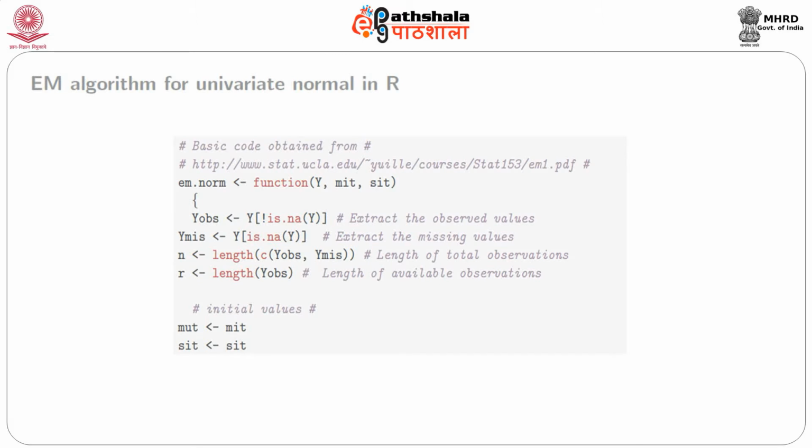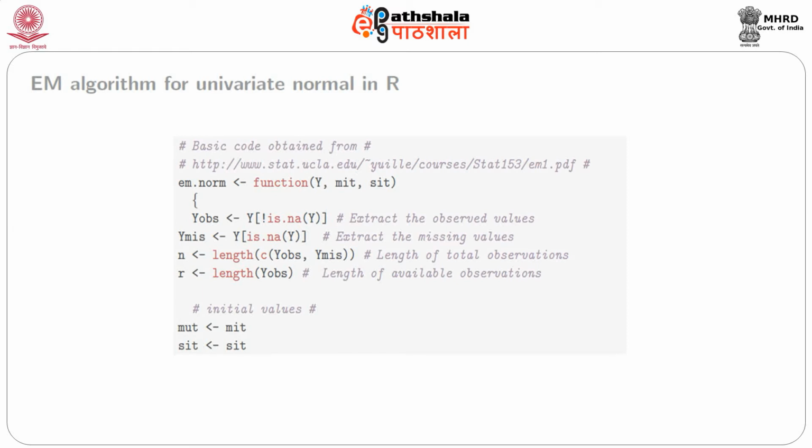This code has originally been taken from the given website, but it has been modified a little to suit our needs. So, we start by creating a function called em.norm. This function takes three things.